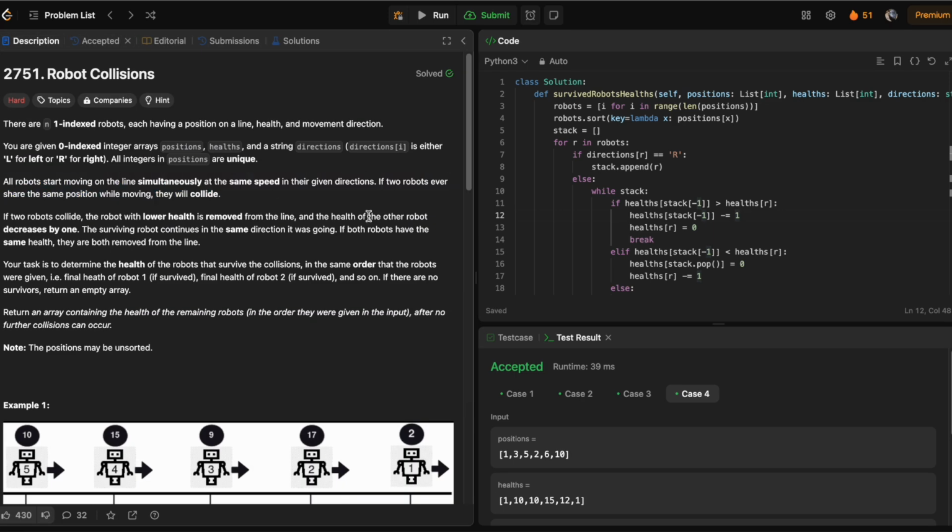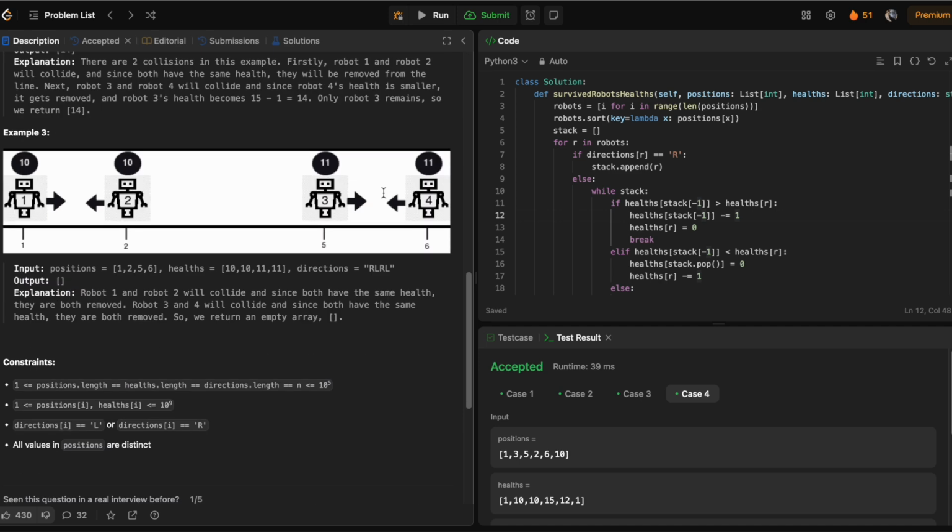I think there was another problem about cars in traffic or something, and you've got to figure out the speed. They all have different speeds and whatnot. Those kinds of problems where you actually have to find their end position are usually a lot harder.